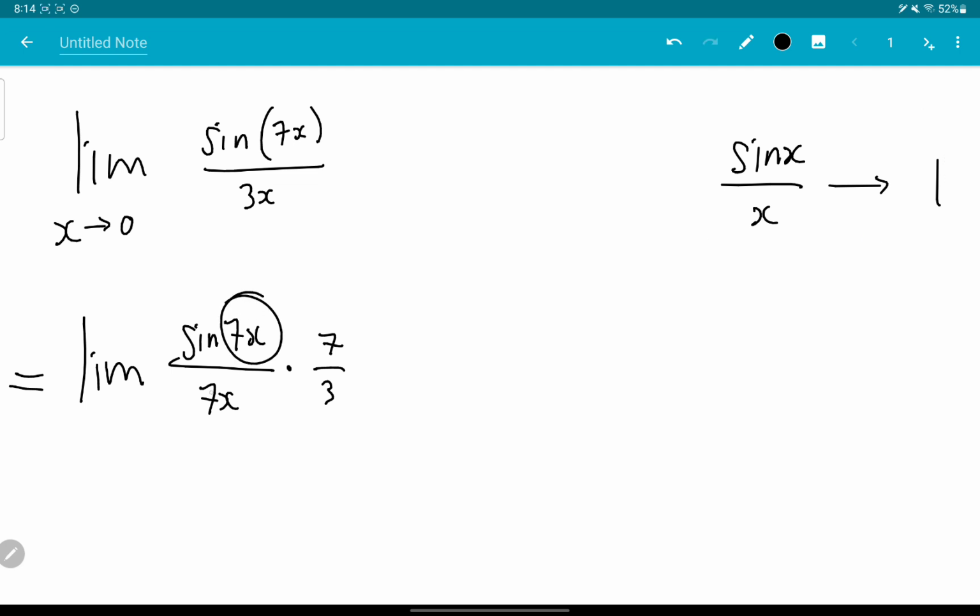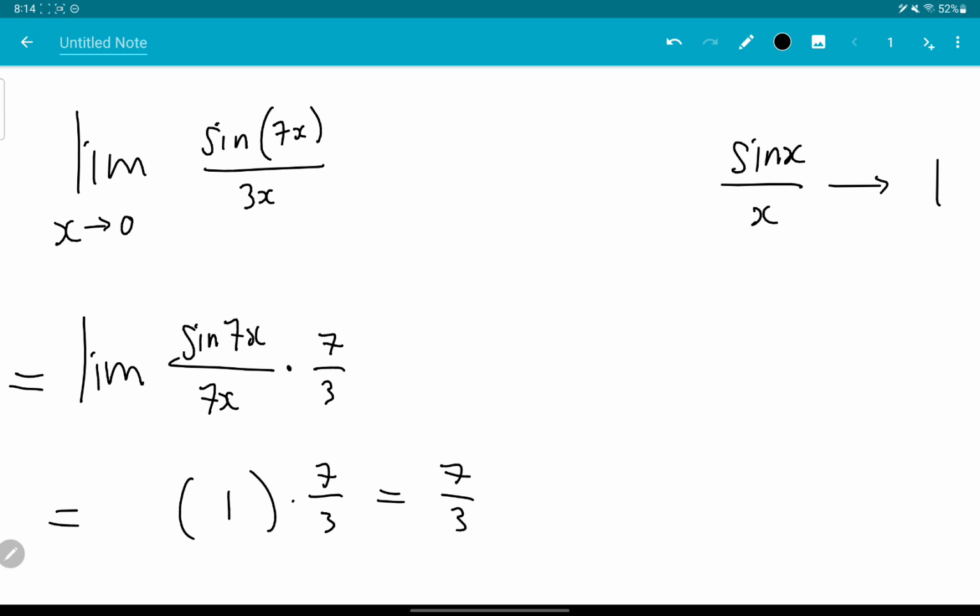Now I have 7x here, and I got the same thing here. So the limit of this fraction will indeed be 1. So we'll get 1 there. And the limit of 7/3 is just 7/3. So I get 7 over 3.